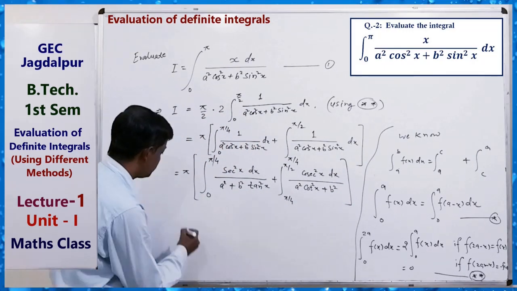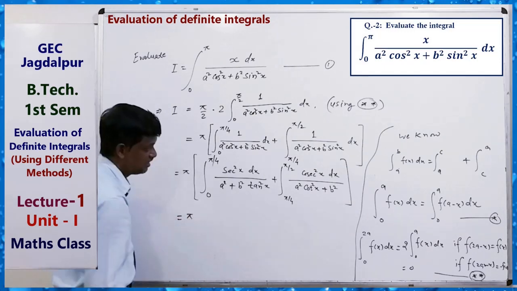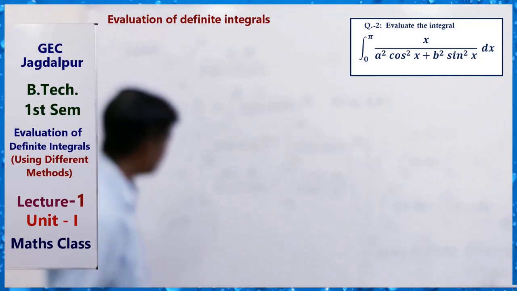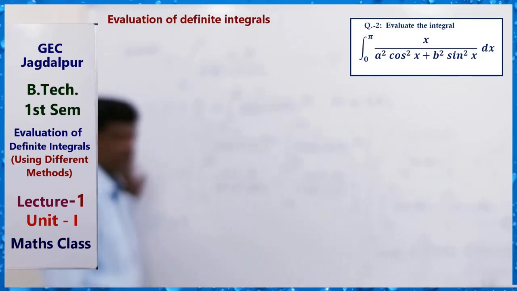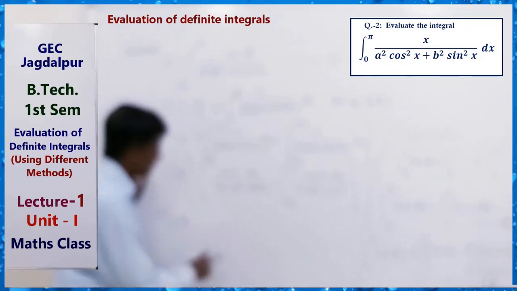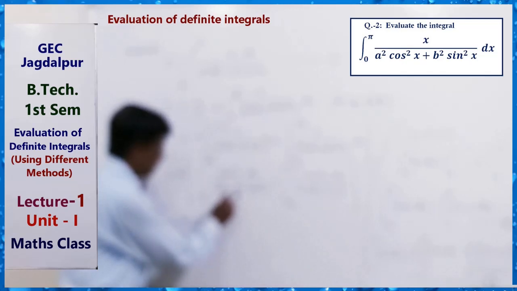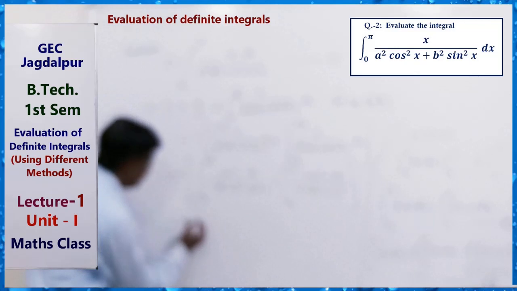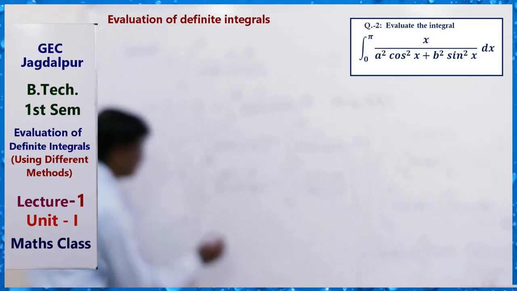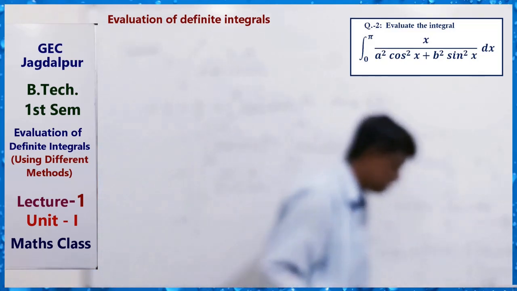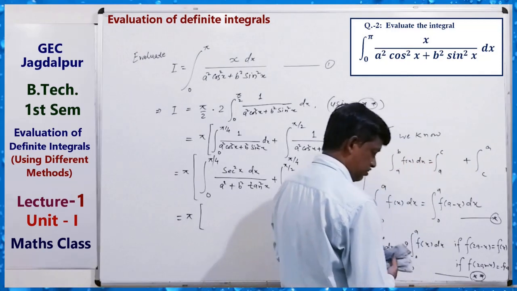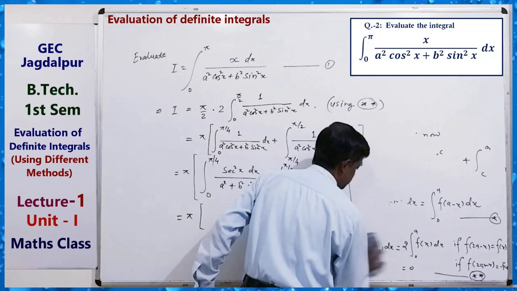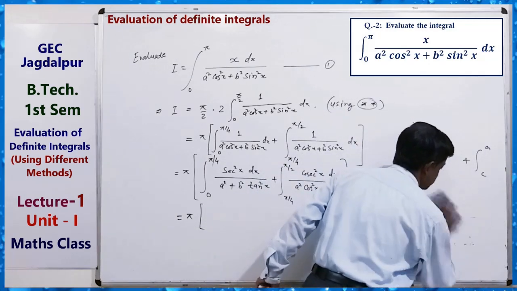Okay, so for solving this integral, we are using these three properties also. Now many formulas will be useful. In short, I remove this part now. Now I will write the substitution.